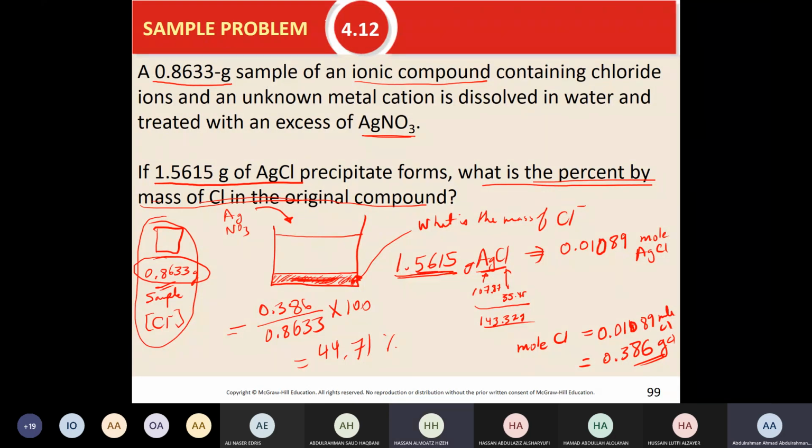I find the moles, then change to moles of chlorine, then to grams of chlorine. I divide by the total mass of the sample times 100. This will give you the percent of chlorine in the sample. Clear? Good.